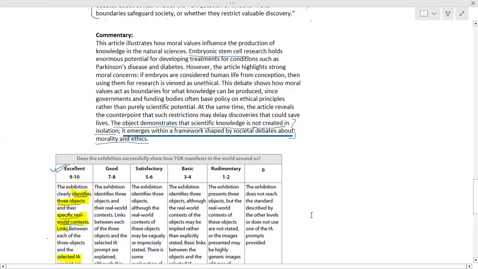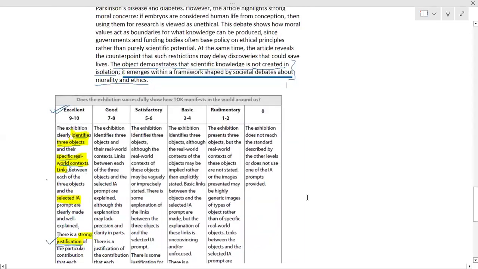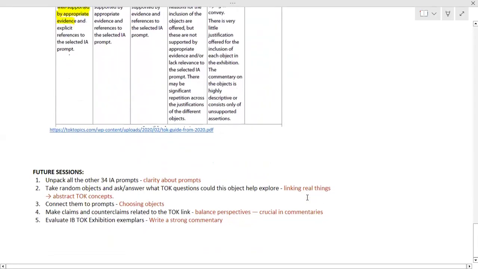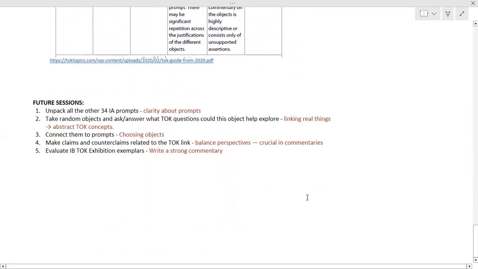Okay, so I hope things have become a little more clear to you on how to write the commentary. In our future sessions, we will be unpacking all the other 34 IA prompts so that you have a proper clarity about prompts.